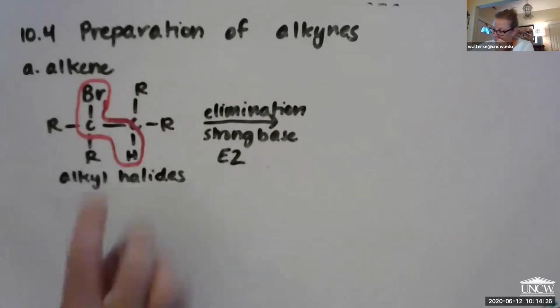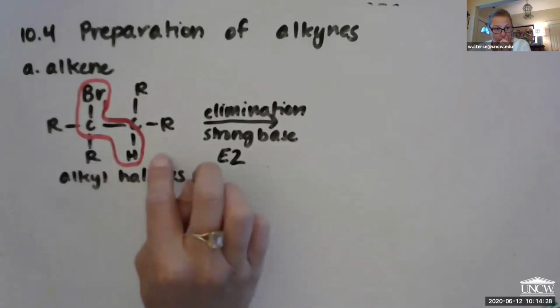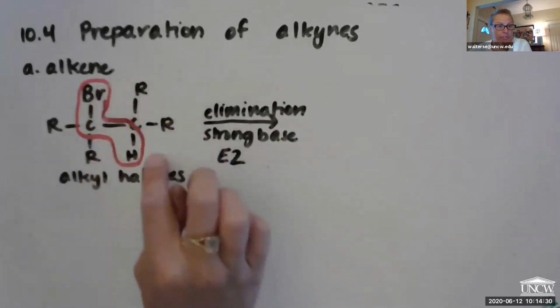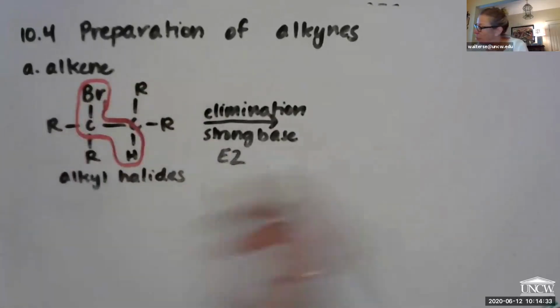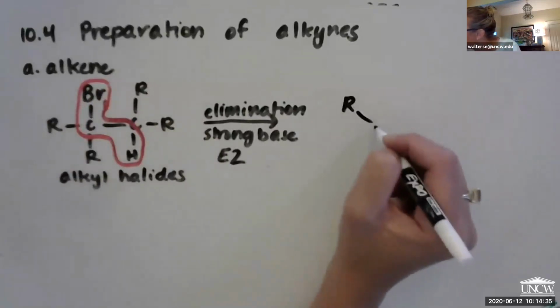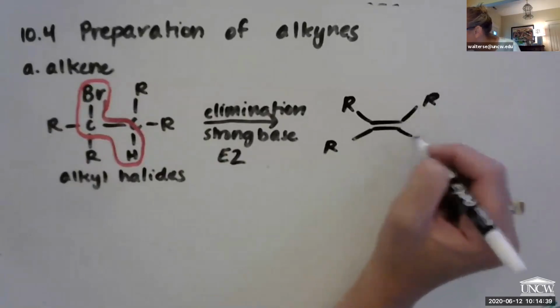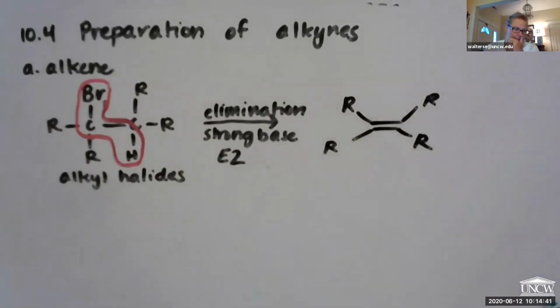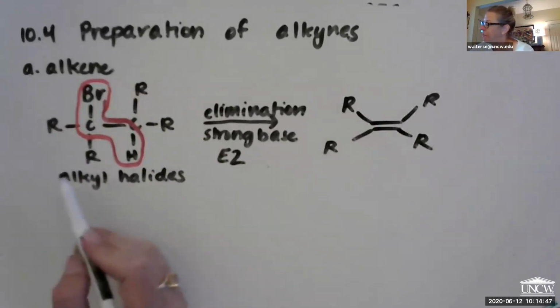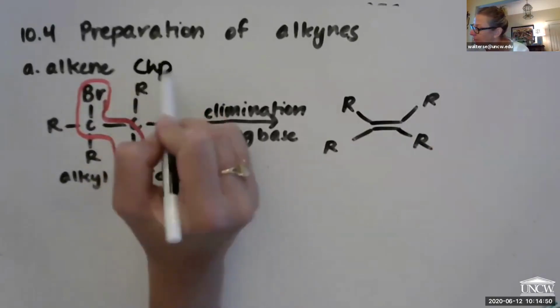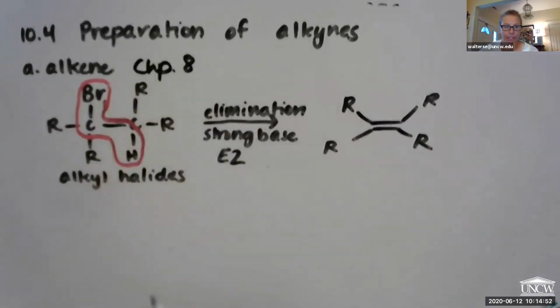So that hydrogen would be the one involved in the proton abstraction to release the bromine, and then you would end up with your alkene. Okay, so this is all chapter 8.